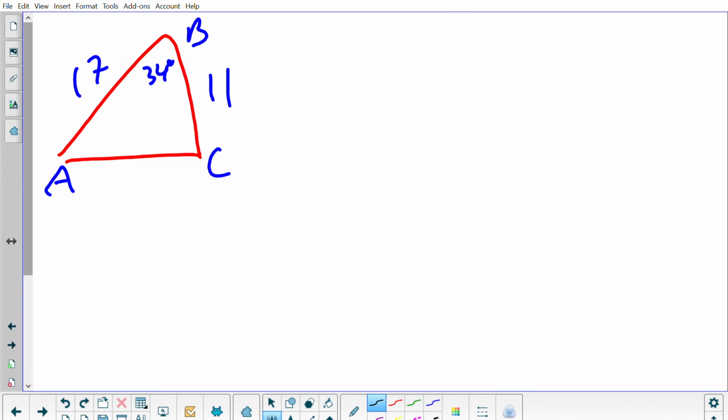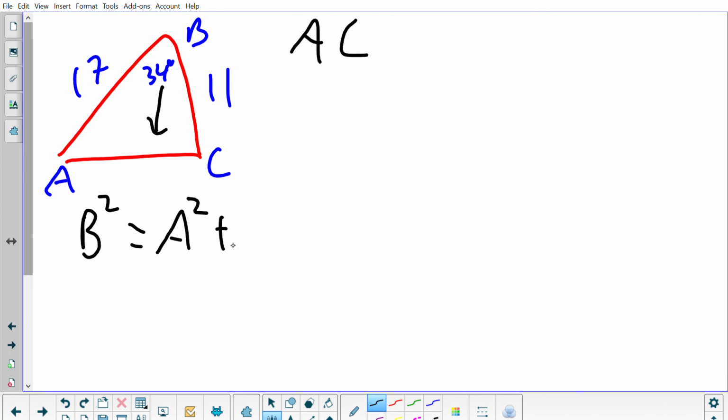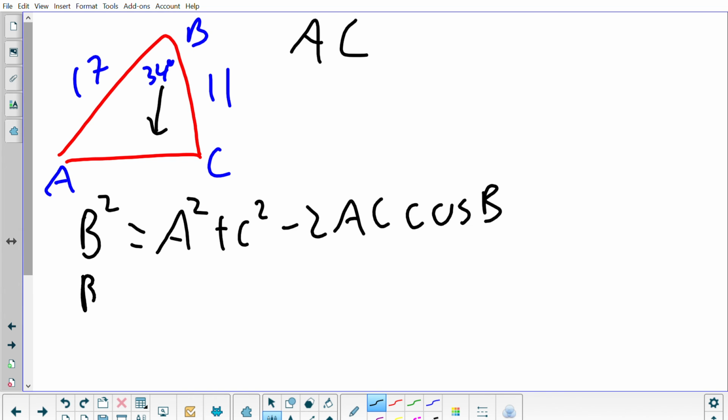Okay, last one. So I have side, angle, side, so I'm going to use law of cosines. And let's say they just want me to find the side AC. So this side over here, or the side opposite of B. So I have B squared is equal to A squared plus C squared minus 2AC cosine of B. So I don't know what B squared is.